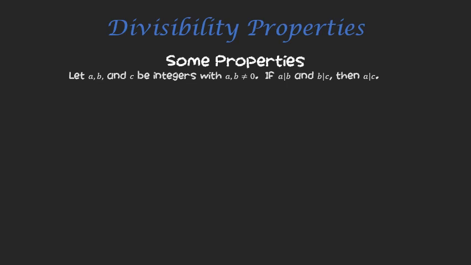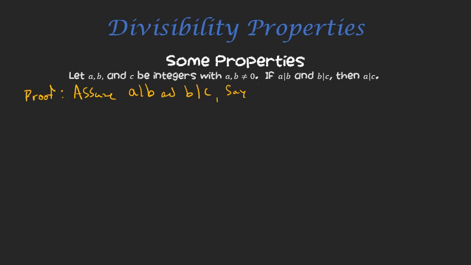So let's try and prove this one. Again, we'll start with our assumption. Assume a divides b and b divides c. Then we'll write these out using the definition of a divides b and b divides c.